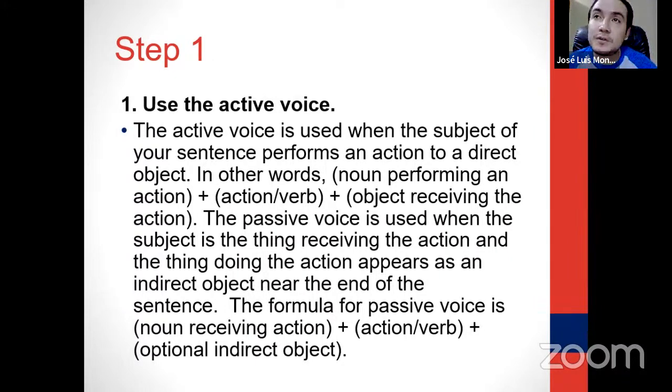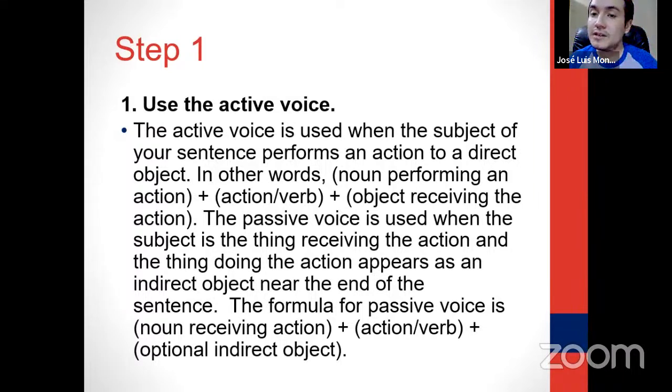Now, look, passive voice is formal, and in many situations, it's a great idea to use it. But when it's a persuasive, argumentative essay, it is a good idea to use active voice. So this is the first recommendation or tip to improve our writing skills. It says, the active voice is used when the subject of your sentence performs the action to a direct object.